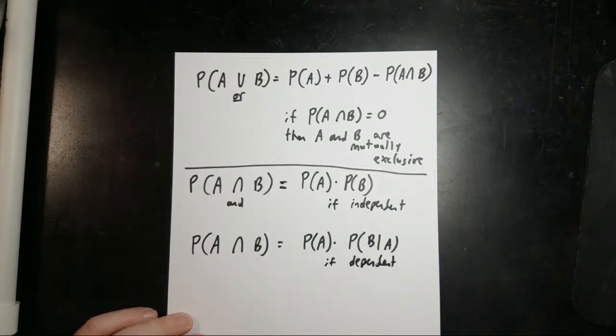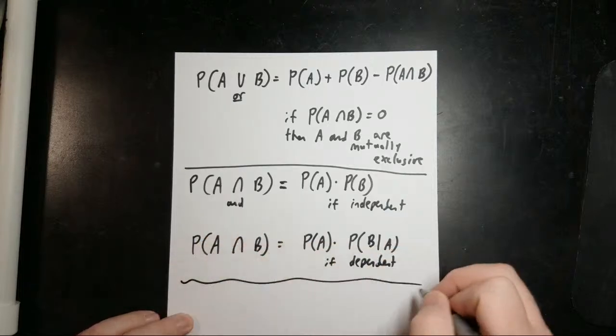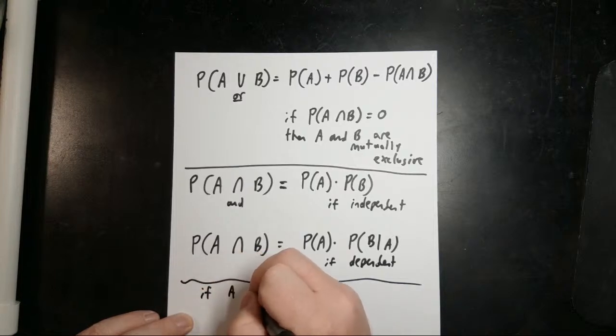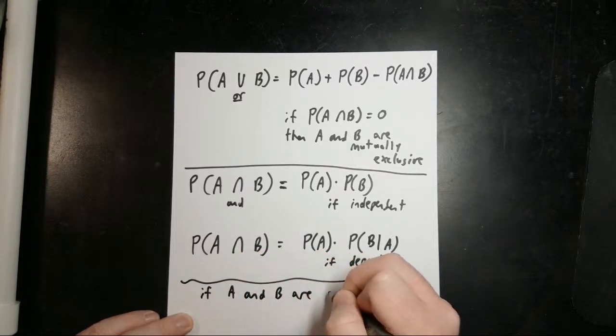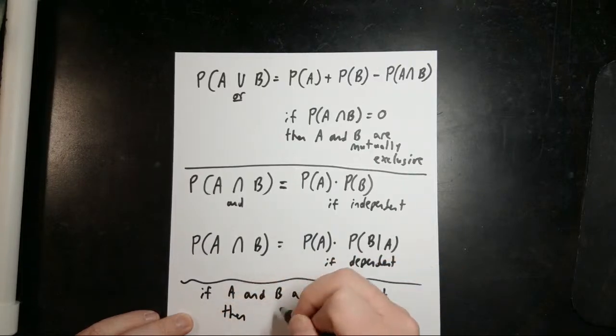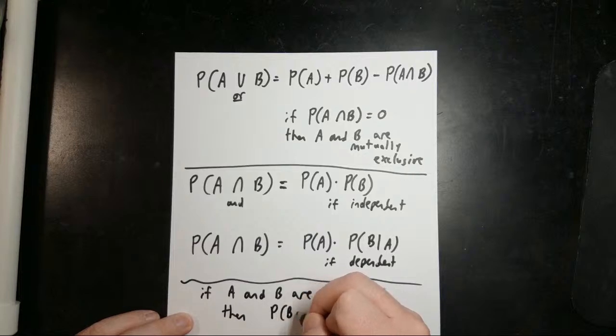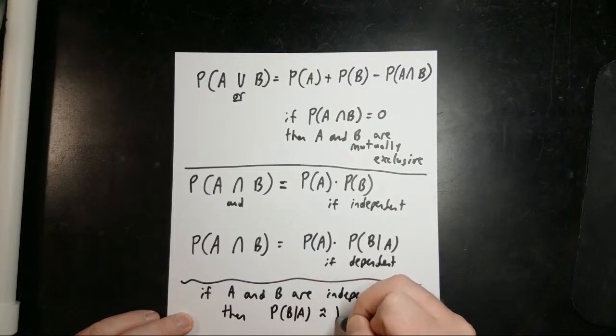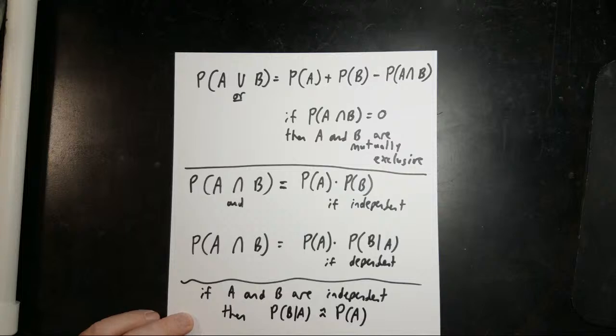The general idea being if A and B are independent, then the probability of B given A should be equal to the probability of A.